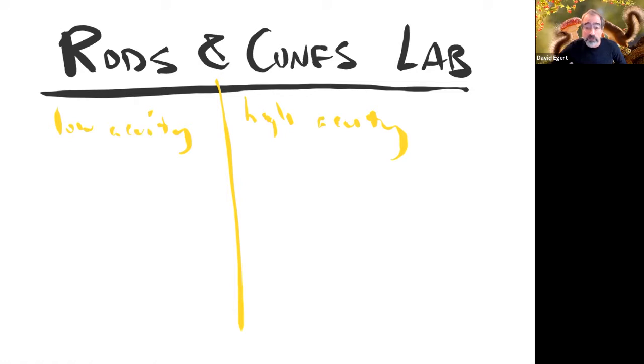Rods don't have the ability to make out something as fine as the spacing of a letter. If you could make sure you don't walk into a table, but you can't read a word on a page, then you're in rods.